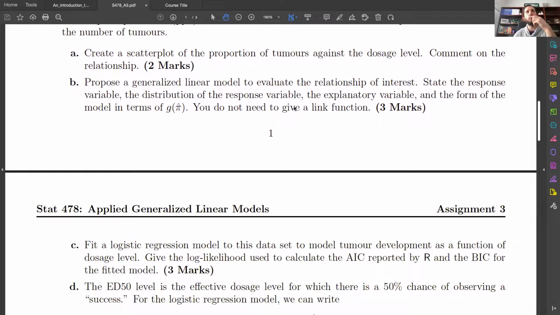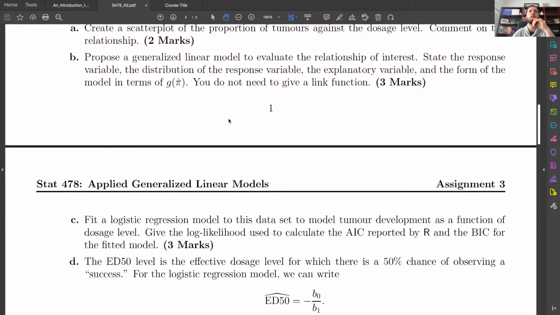So you're being asked to propose a GLM in part B, model formulation: give the response variable, the explanatory variable, and the form of the model, but you give it in terms of g of pi hat. So you don't have to give a link function here. You don't have to say log pi hat equals this. You can just write g of pi hat equals the following.